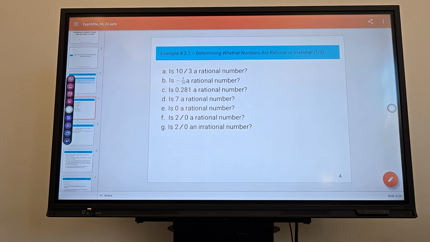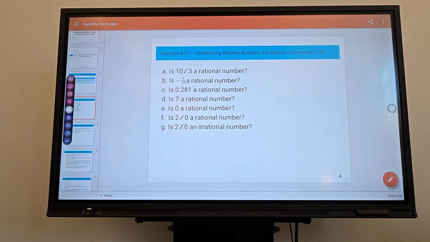Is 0.281 a rational number? Yeah, because it's 281 over 1,000. Basic math, it gets me every time. Is 7 a rational number? Yeah, 7 over 1.